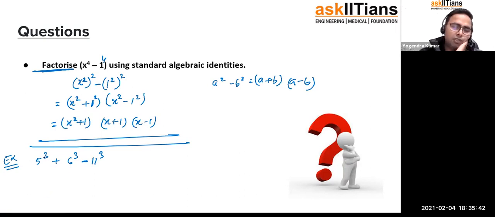This 5 cube is okay, fine. It will be 125. 6 cube will be 36 into 6, which is 216. 11 cube will be what? 121 into 11.